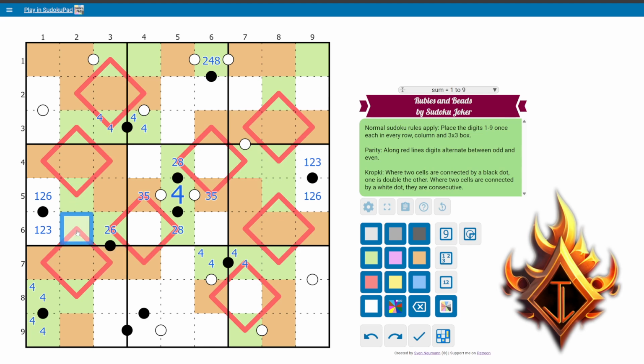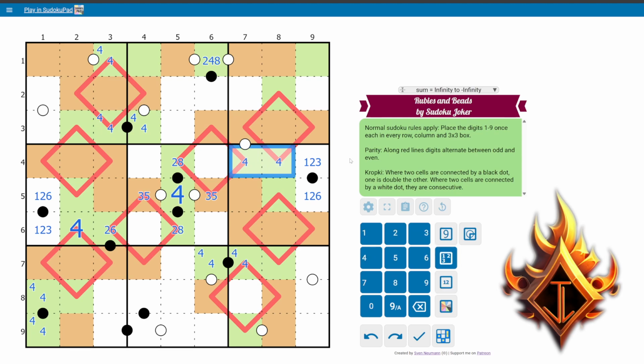So 4 has to go here. And then it would still be okay to go at the top. It would go there. 4 goes in one of these.